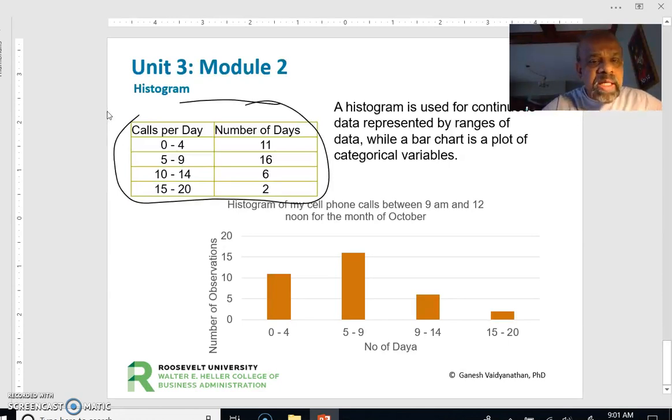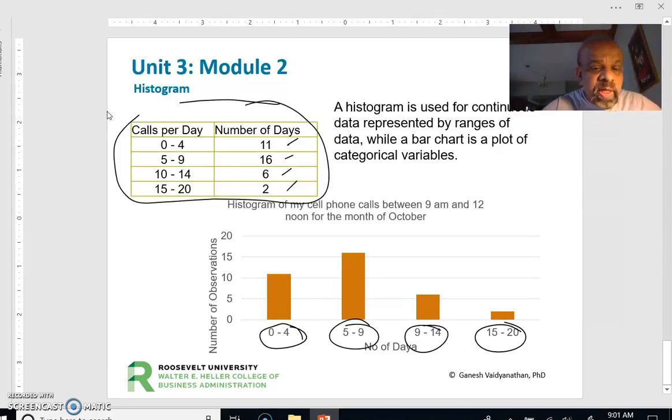Here I'm going to take 11, 16, 6, and 2, and I'm going to graph it to the calls per day. So this is the calls per day, and I'm going to use the number of observations against the number of days and come out with these bar graphs.